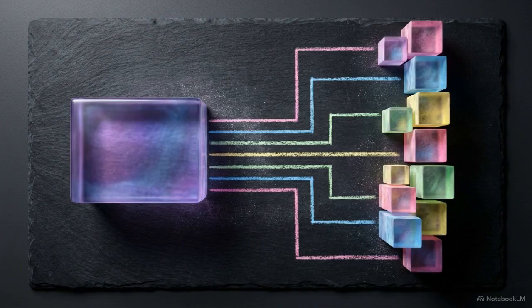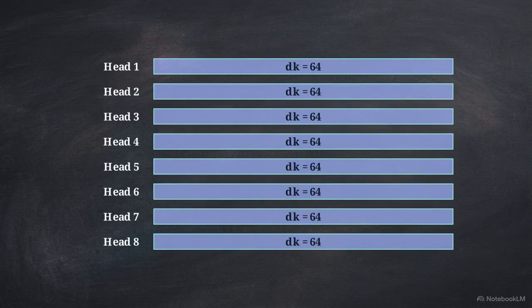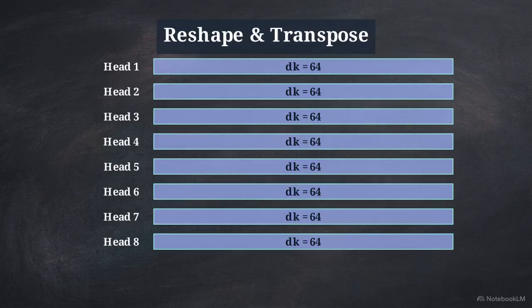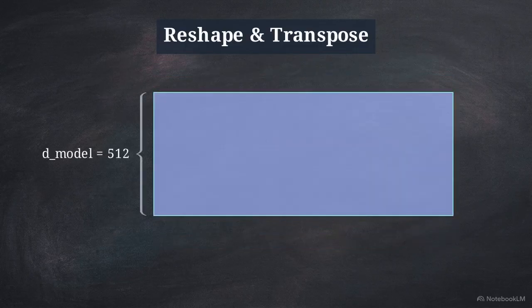To further improve performance, the paper implements multi-head attention. The 512-dimensional stream is split into 8 parallel heads, each with a dimension of 64. While conceptualized as 8 separate heads, it does not require 8 separate hardware modules. This parallelization is achieved through simple tensor reshape and transpose operations on a single matrix.